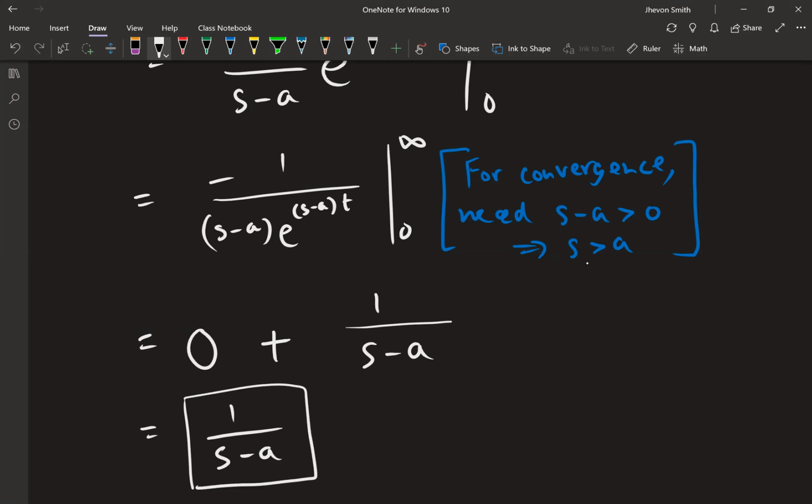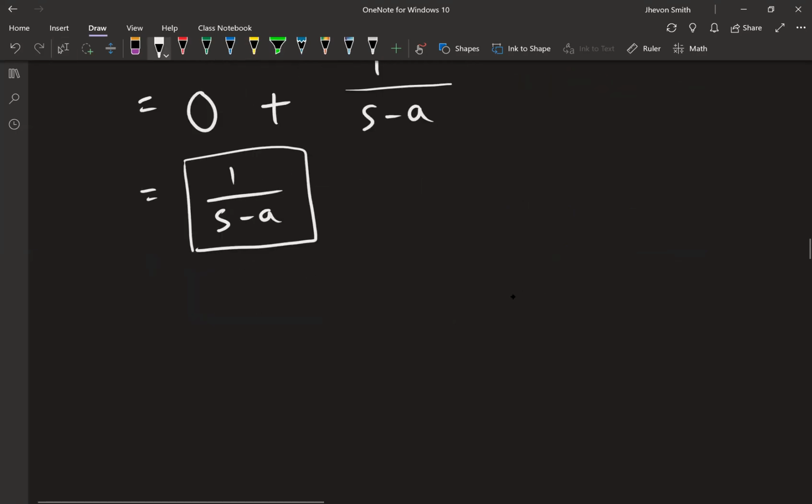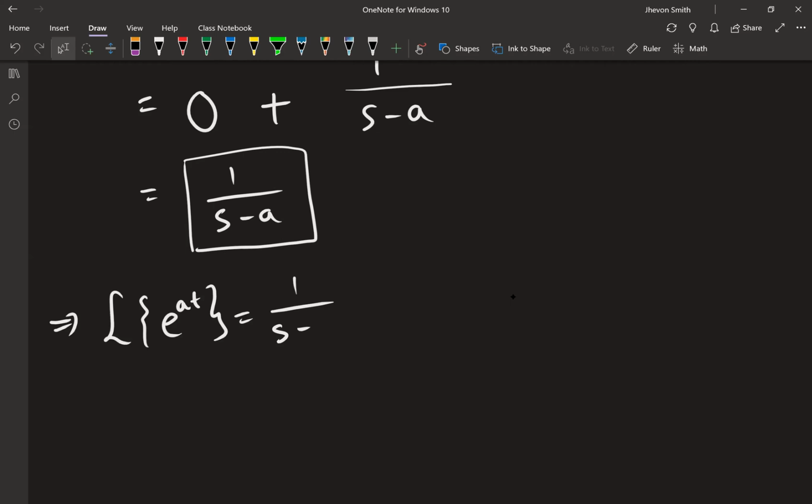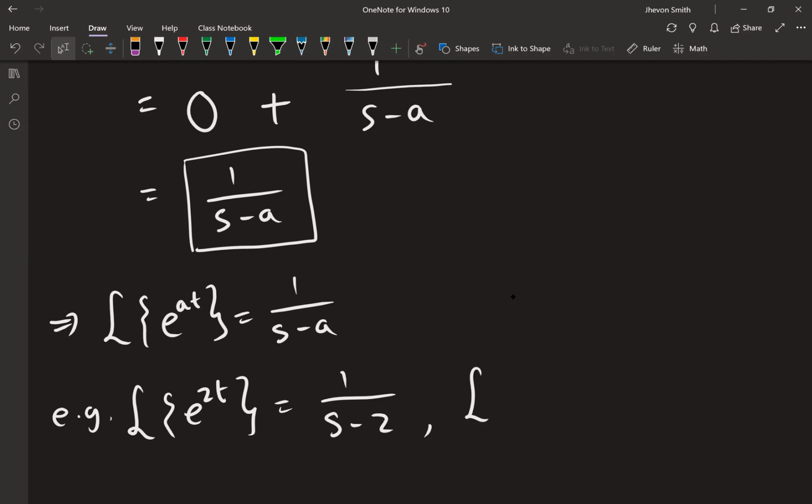So what I just showed you is that the Laplace transform of an exponential is just 1 over s minus a. For example, the Laplace transform of e to the 2t is just 1 over s minus 2. The Laplace transform of e to the minus 3t is just 1 over s plus 3, et cetera.